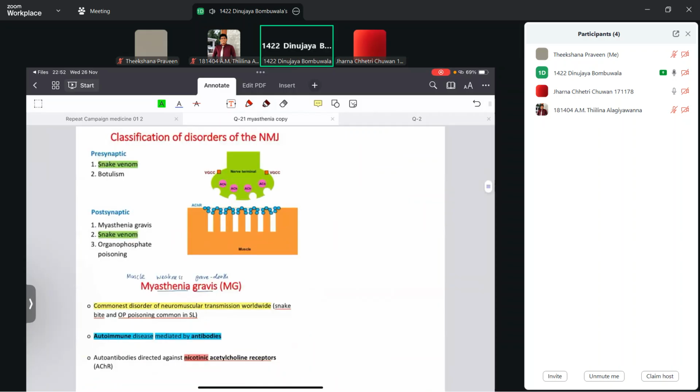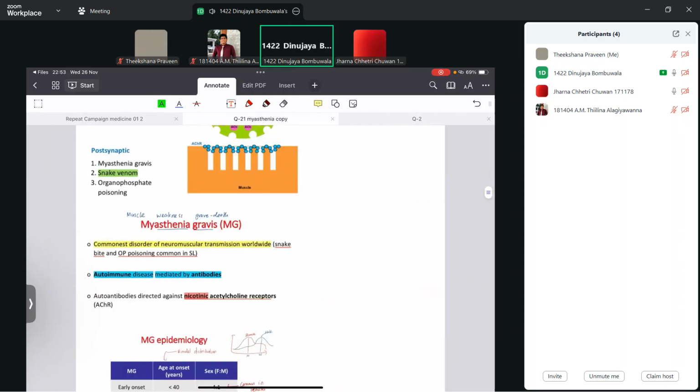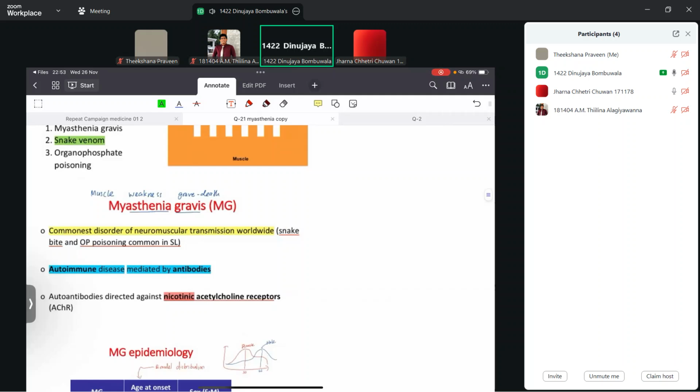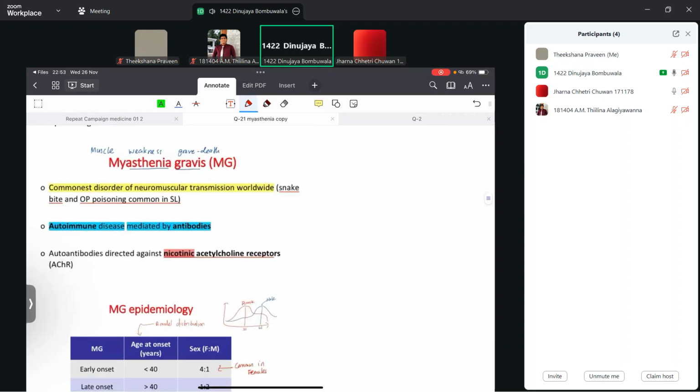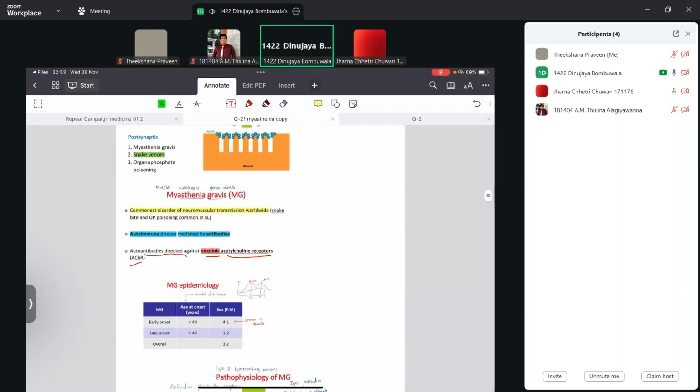In myasthenia, we know that this is an autoimmune condition, and there are autoantibodies produced against nicotinic acetylcholine receptors. So there will be destruction of these receptors, which can lead to paralysis, weakness.